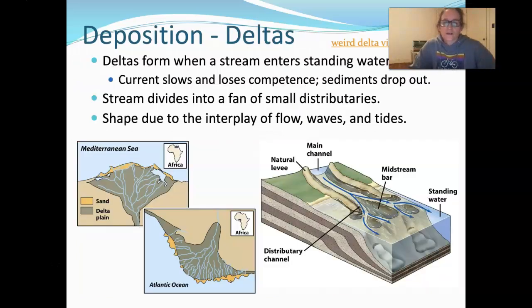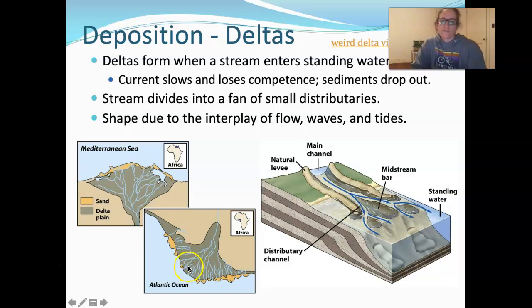Deltas. So an alluvial fan is a terrestrial deposit. A delta would be underwater. And so the delta forms, here's one from the Nile in Africa. Here is another river in Africa coming down to the Atlantic Ocean.